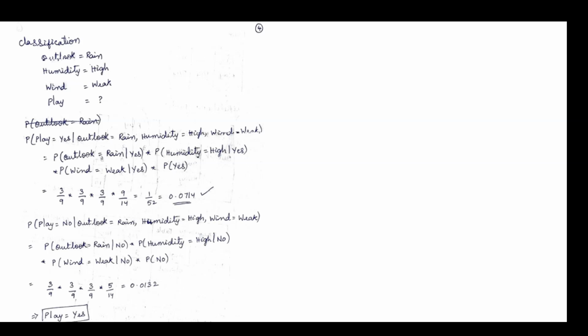Let us look at another scenario here. We are given outlook equal to rain, humidity is high, wind is weak. We are supposed to predict the class label whether play is equal to yes or no. So representing the same in terms of naive Bayesian classification, we have probability of play equal to yes given outlook is rainy, humidity is high and wind is weak.